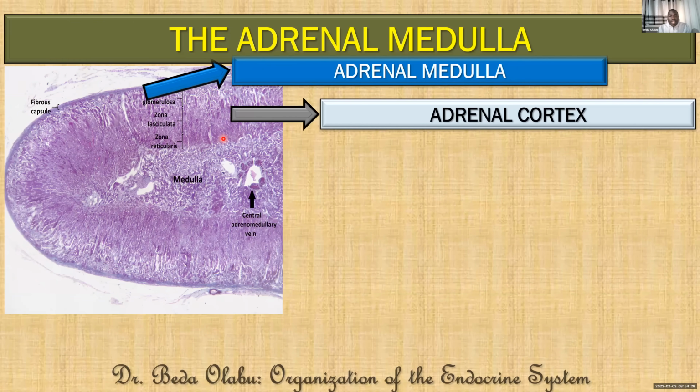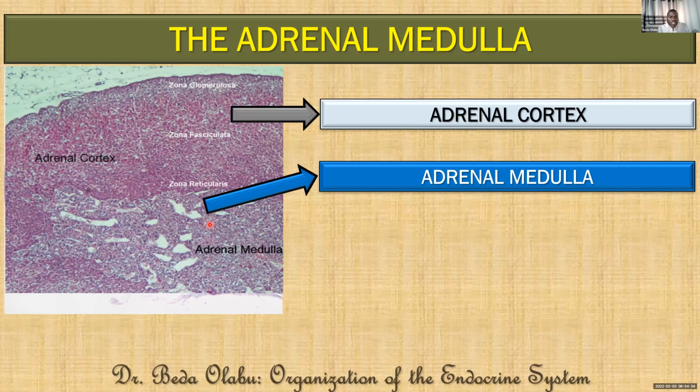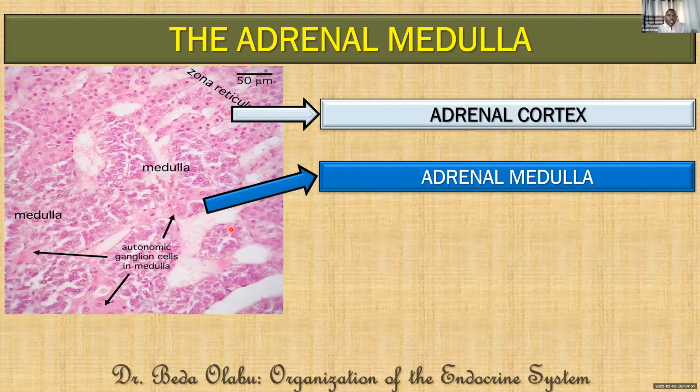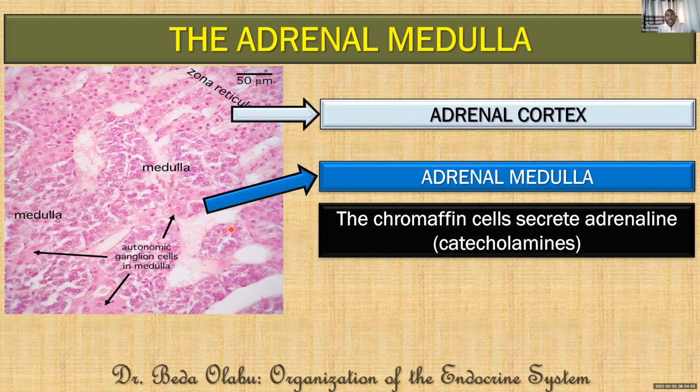The adrenal medulla consists of cells arranged in clusters, and we have vascular channels, several of them, interspersed within the adrenal medulla. The cell types of the adrenal medulla are the ones we call the chromaffin cells. The chromaffin cells secrete catecholamines, adrenaline being the major catecholamine we're talking about.